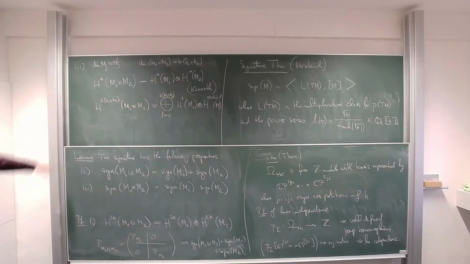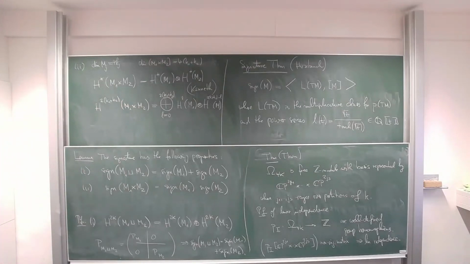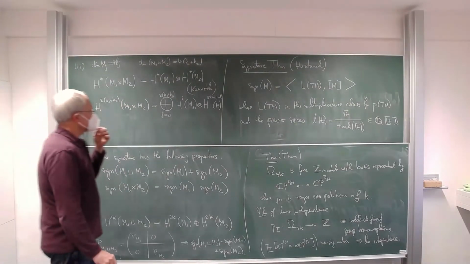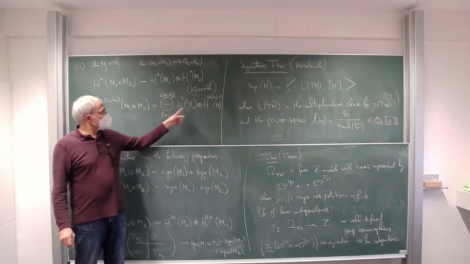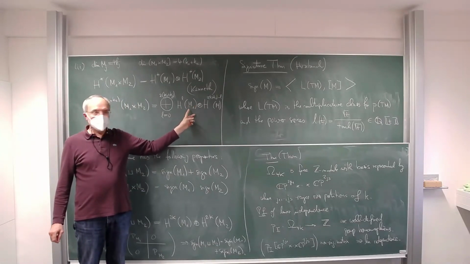So that's just that thing spelled out in this particular case. And now we see that things are not so obvious anymore, because here we get cohomologies of all kinds of degrees here, not only half-dimensional cohomologies.